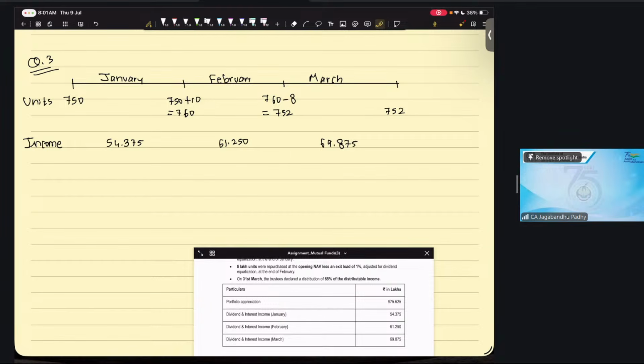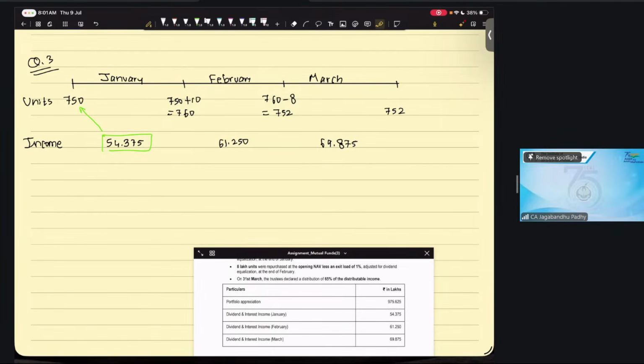So this 54.375 income in the month of January, this income belongs to which unit holders, guys? Can I say this purely belongs to the 750 units? This particular income is purely belonging to these 750 units.